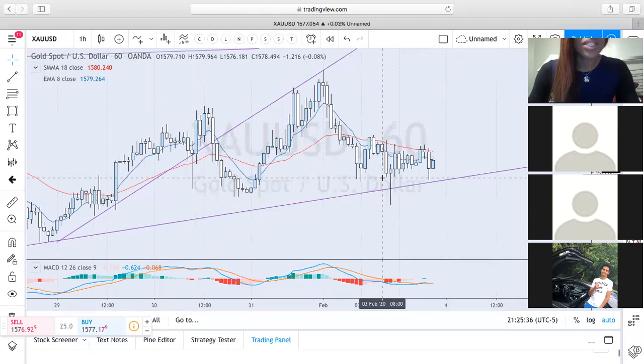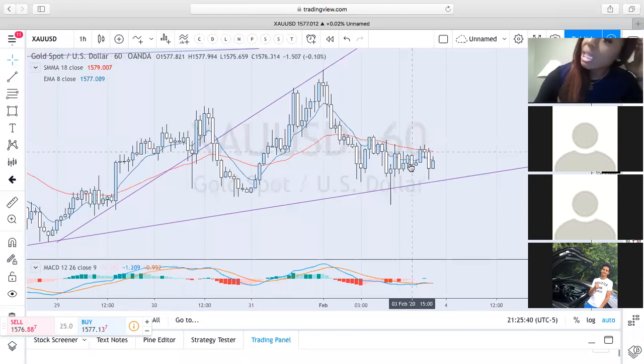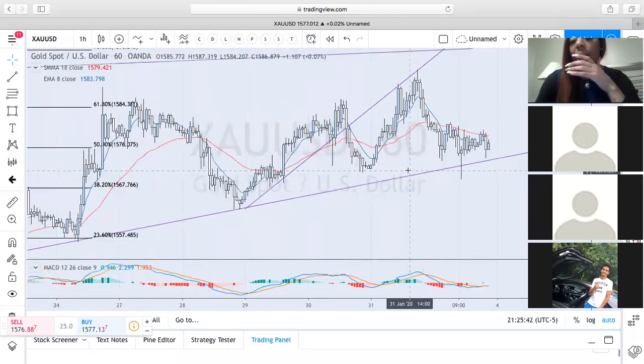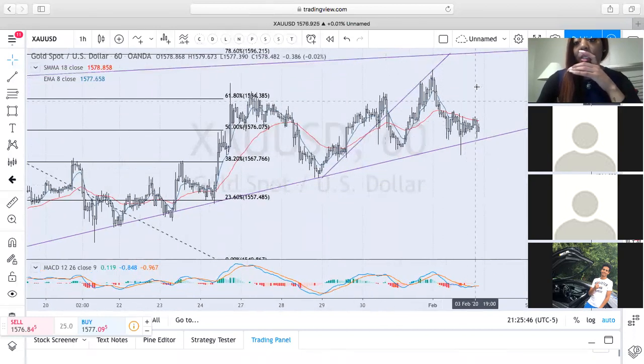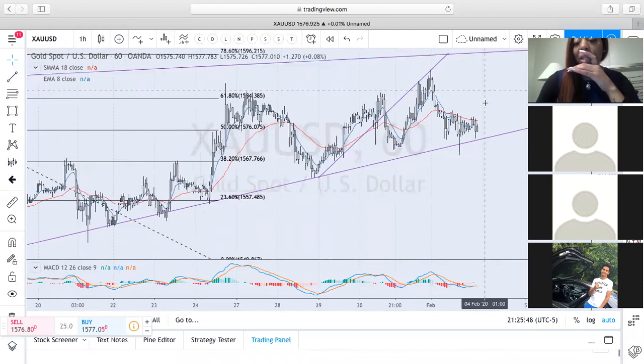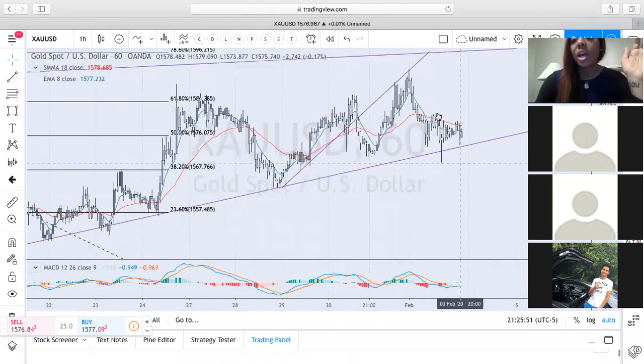But I want to see a sell on gold. Right now I'm expecting US 30 to push down. I could see gold pushing up one more time, then dropping, and US 30 pushing down. Hold on.